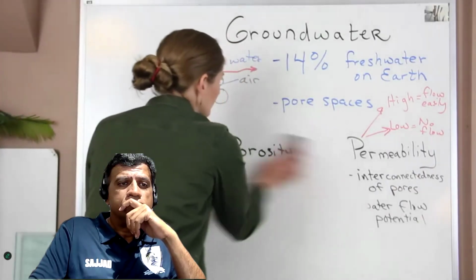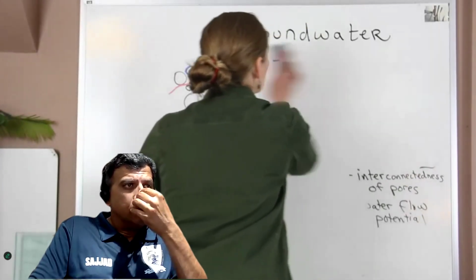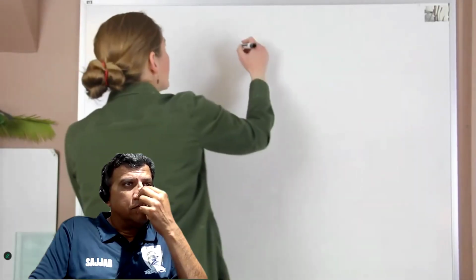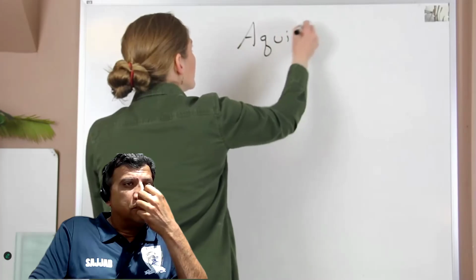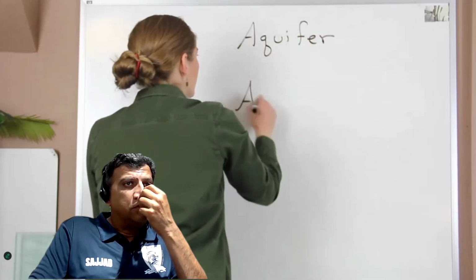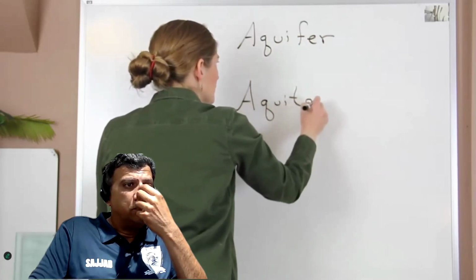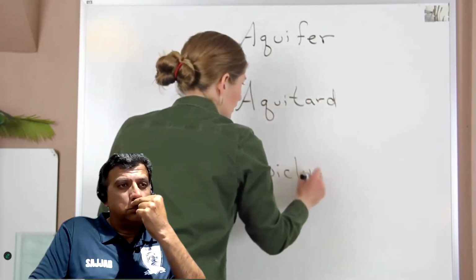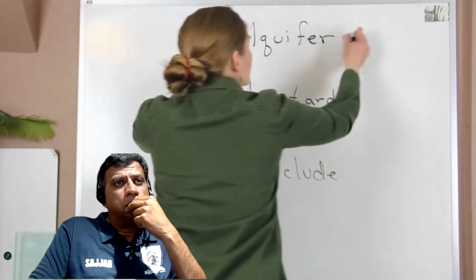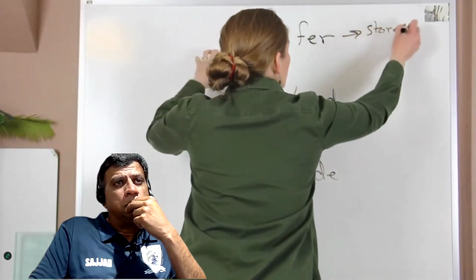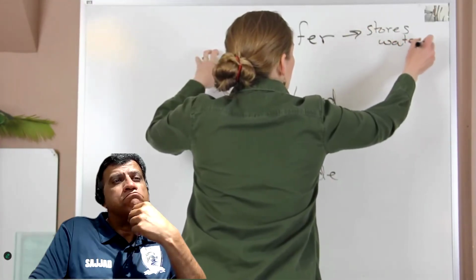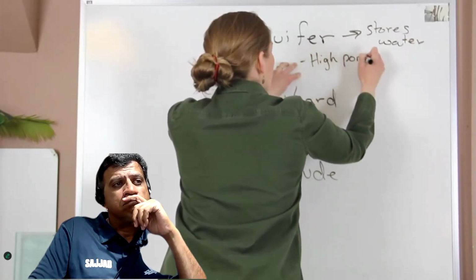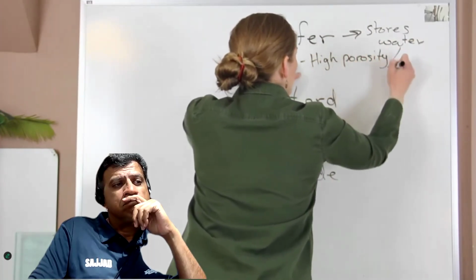And I can put them up really quickly so that we have that. Again, an aquifer, an aquitard, and an aquiclude. Okay, so an aquifer stores water, and it's going to have a high porosity and permeability.